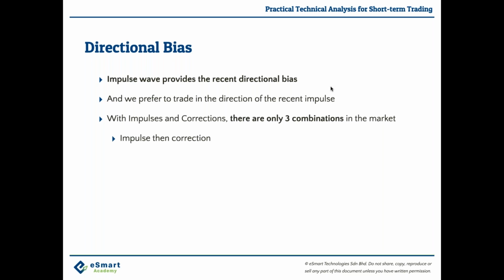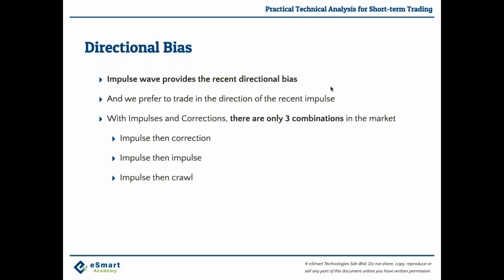So the first combination here is impulse, then correction. We basically take an impulse piece plus a correction piece, so we put 2 pieces together. That's one type of combination. The other combination we can get is impulse, impulse. Basically you take 2 impulses and put them together. And of course, the last one here is called impulse then crawl.